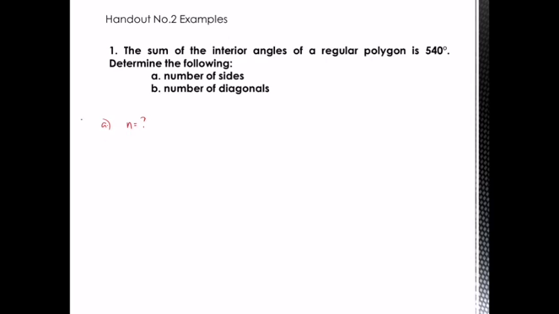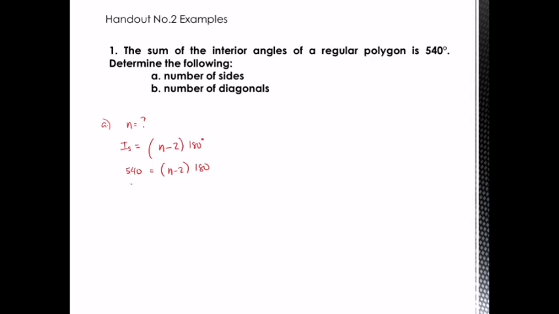Okay, so it is given by the formula the sum of the interior angles is equal to n minus 2 times 180 degrees. So n ang gipangita, no? Ang ato ang sum of interior angles is given to be 540 is equal to n minus 2 times 180.